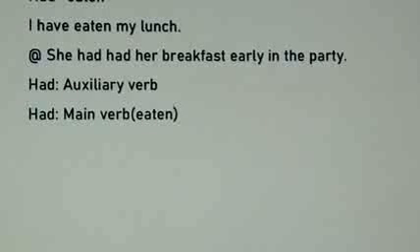It means she had eaten her breakfast early in the party. Okay. Now, after all these examples, let me give you another example. You will say, why am I giving you another example? Because the example that I am going to give you will give you some other idea. Okay, let's see the example.